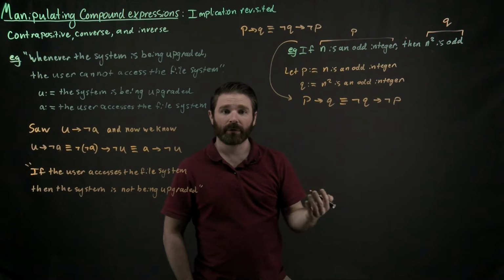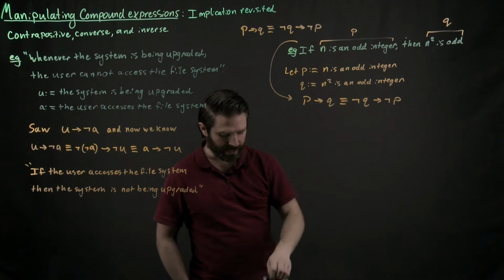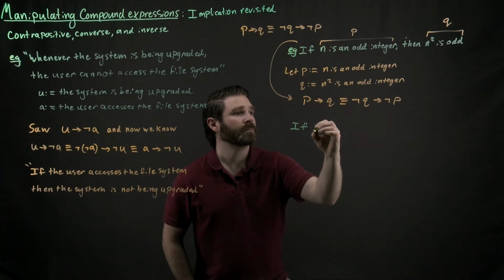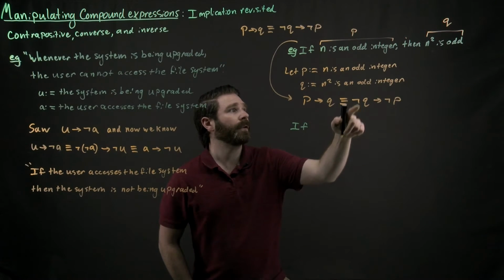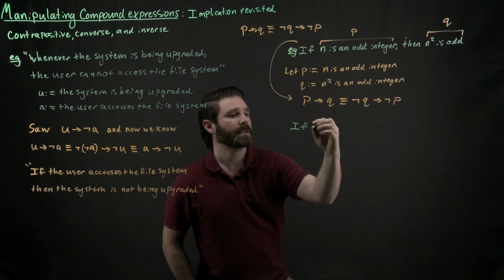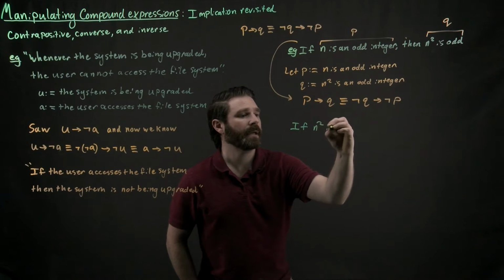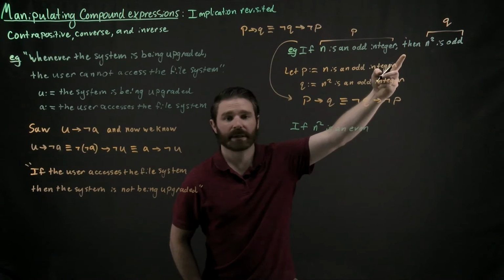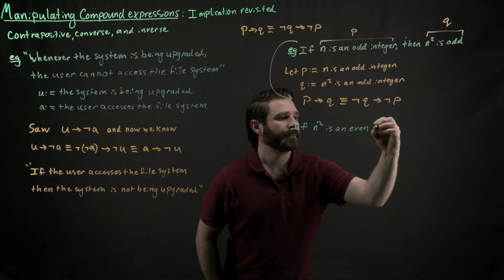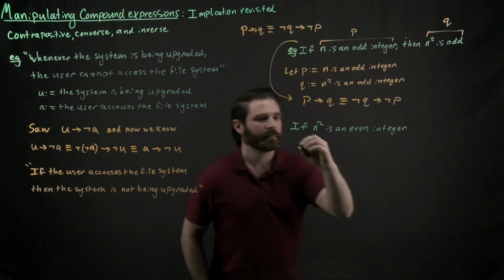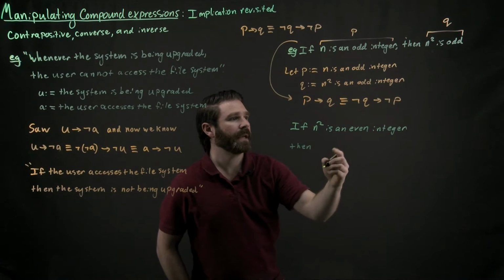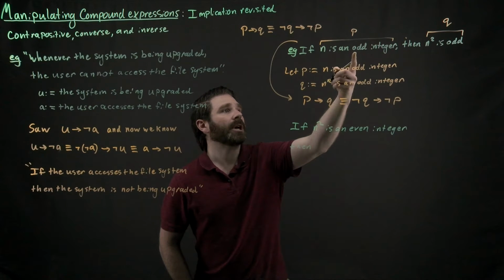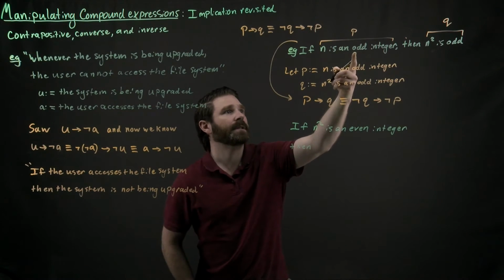A logically equivalent way to say this sentence would be, if not Q, so if n squared is even, because I took the not there, then not P. Well, this is P, so if I took a not, that would mean it's an even integer.